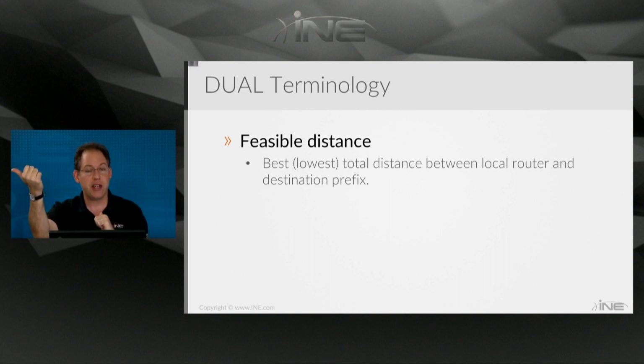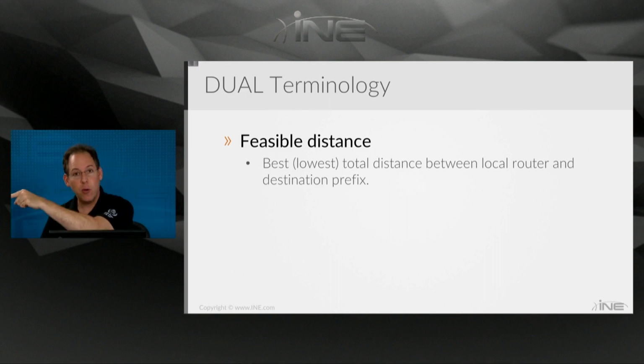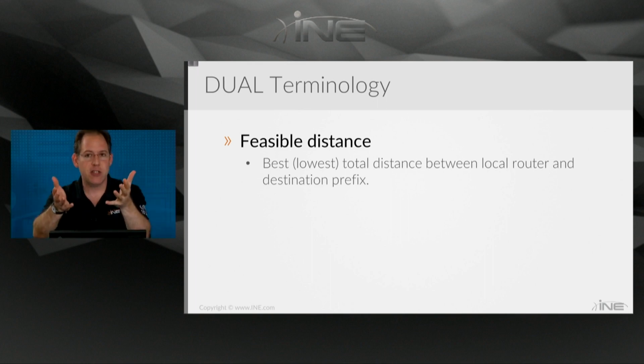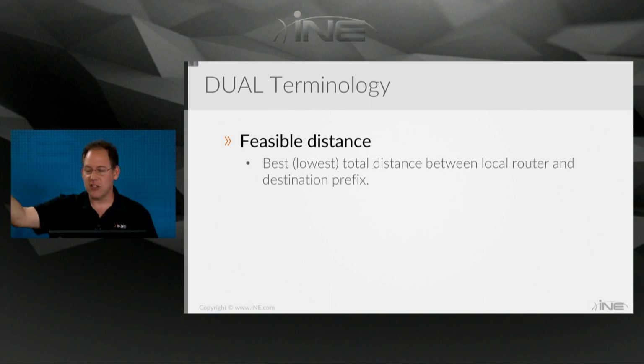He's the one you're using. He is your successor to get to the 90.90 network. So whatever your distance is to go through him all the way to the destination, that is your feasible distance. Now remember, that's based on a result of the sum of the delays going all the way to you, plus the minimum bandwidth along the path, times 256. So whatever that big number is, that is your feasible distance.